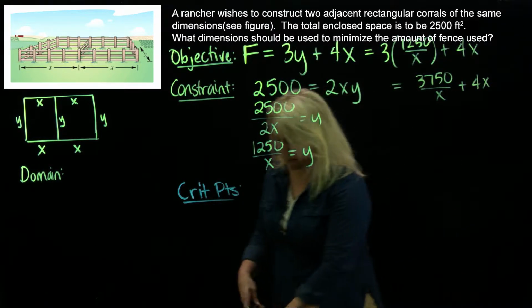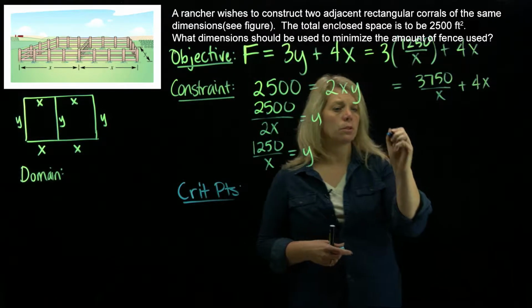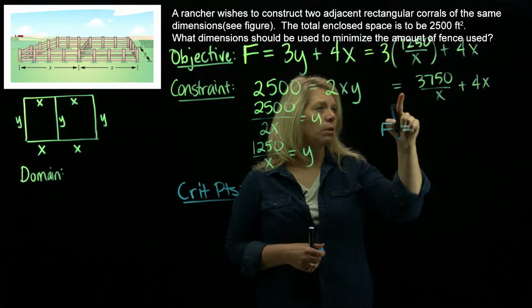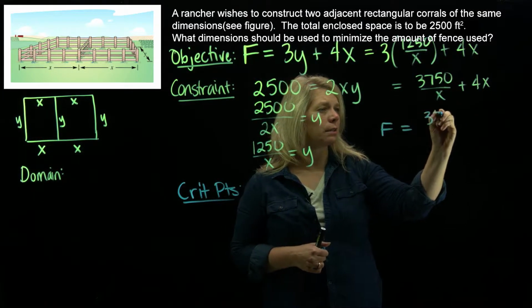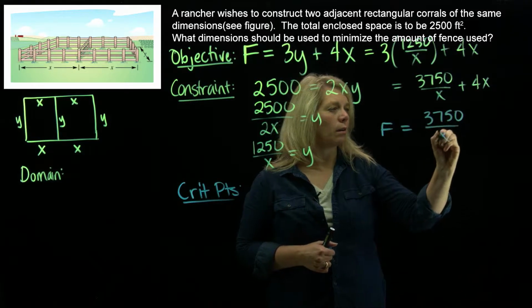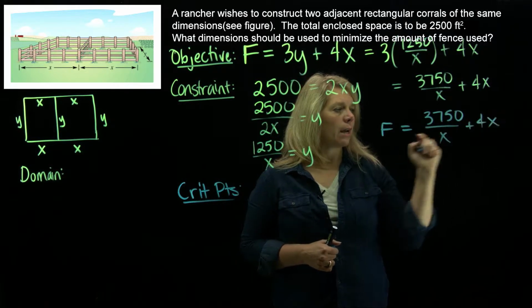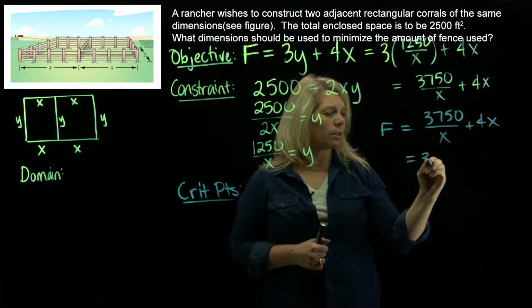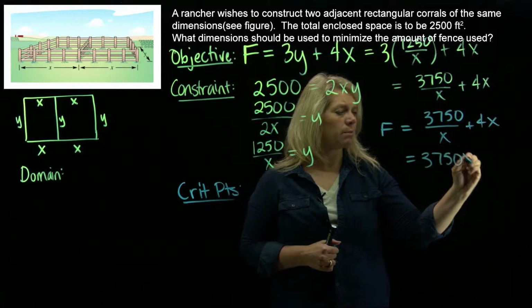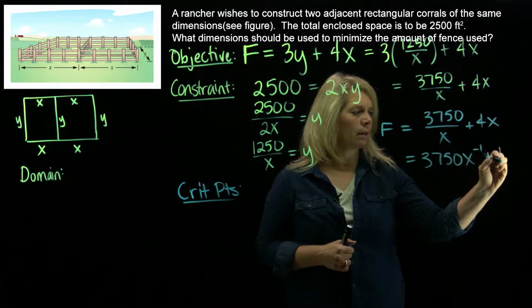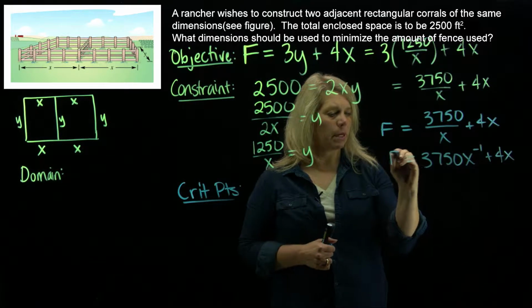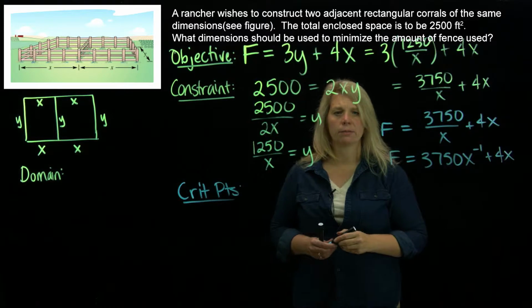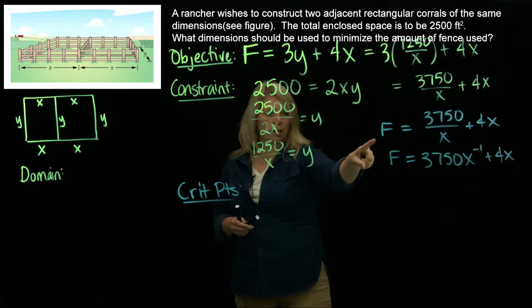So for my objective function, this is what I'm going to use: F equals this. But if I'm going to take a derivative, I may want to rewrite the first term as 3,750 times x to the negative 1. That makes it a little easier when I think about the derivatives. Okay, so this is the function I'm going to be working with.